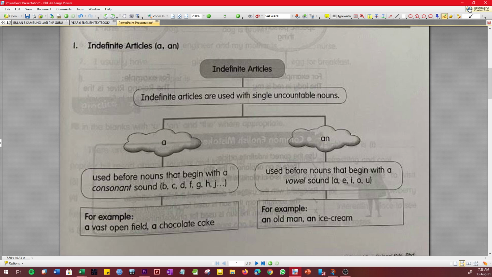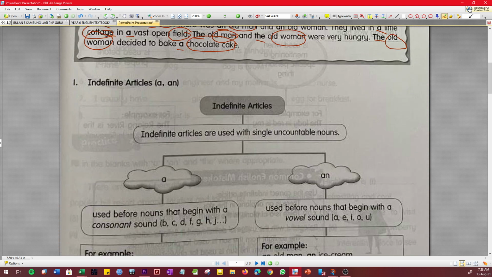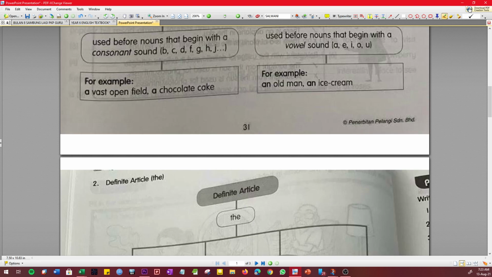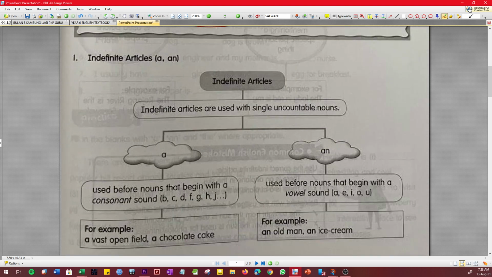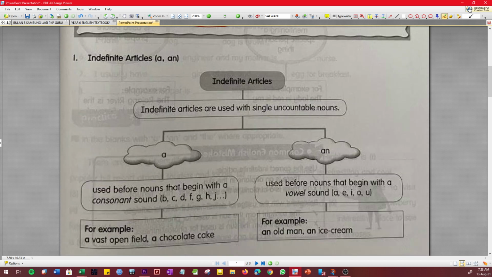Right, there are two types of articles: indefinite and definite article. For indefinite articles, they are a and an. Both start with the letter A. For definite article, the. Right? There are only two types: indefinite and definite. For indefinite, a and an.